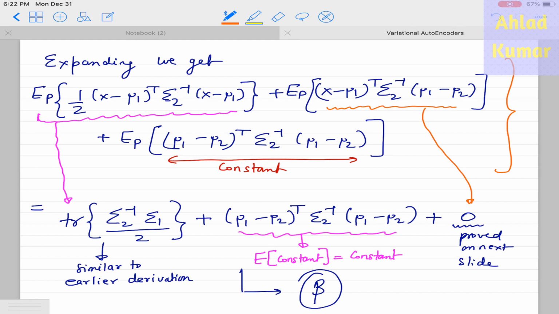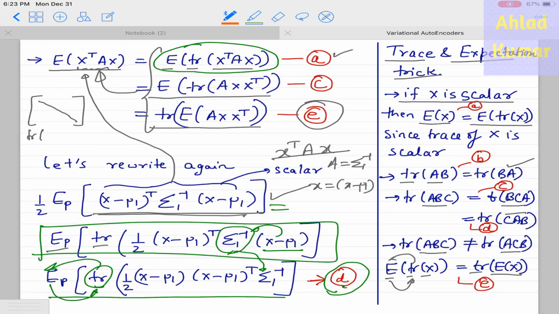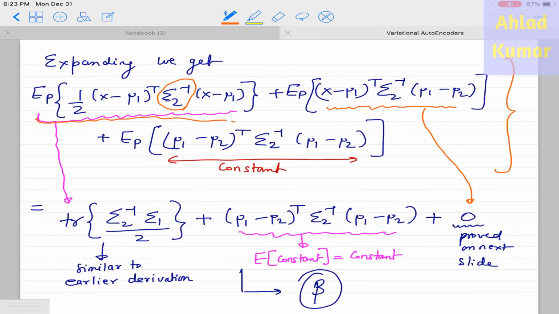The very first property is that the first expression, written in terms of this pink line, is similar to the expression we dealt with earlier, with one difference: earlier we had sigma 1 inverse in between, but now it is sigma 2 inverse in between.